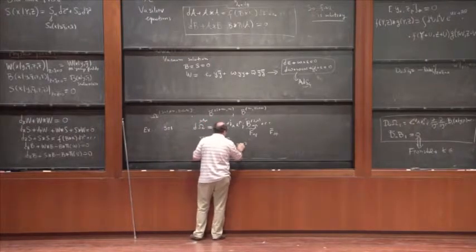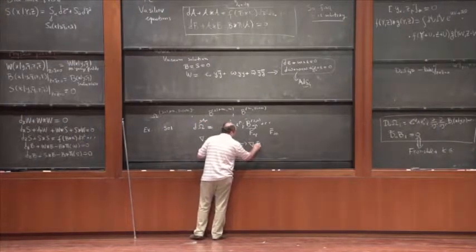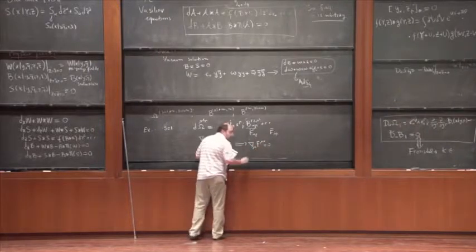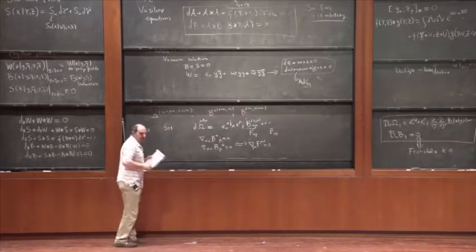Which is just this written in two-component spin notation. Okay? So that's a simple example for spin 1.